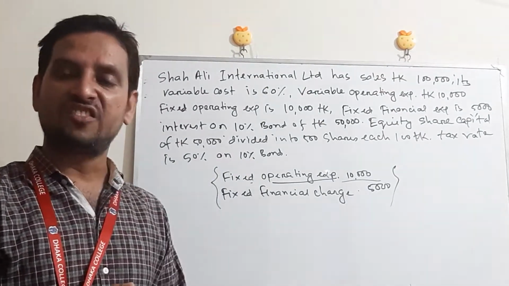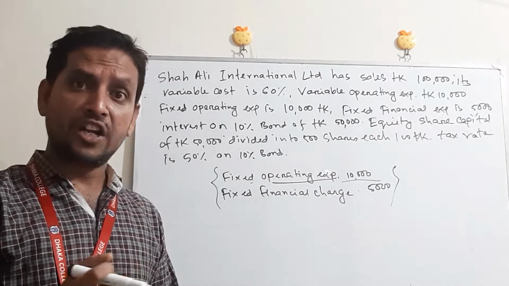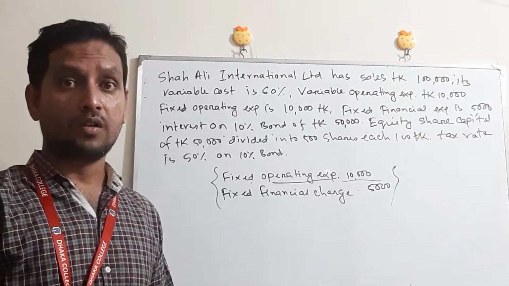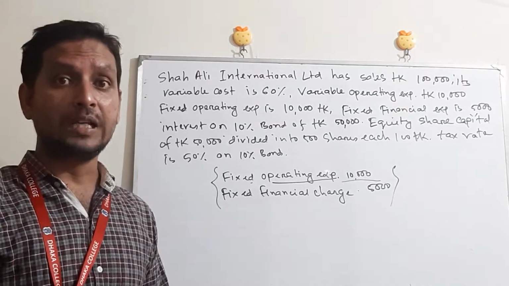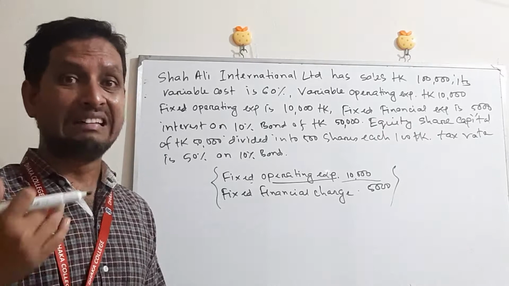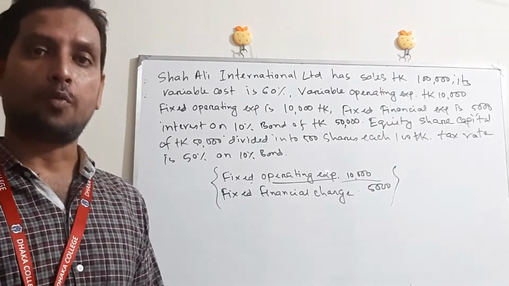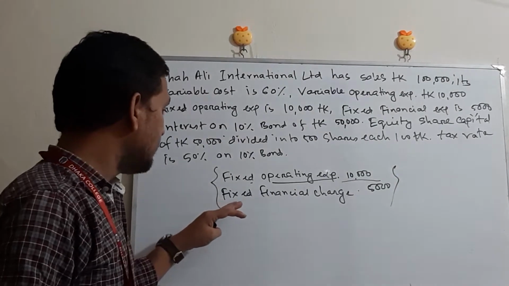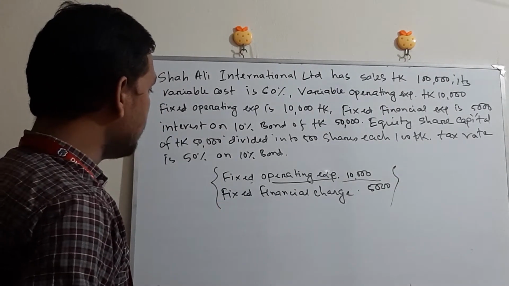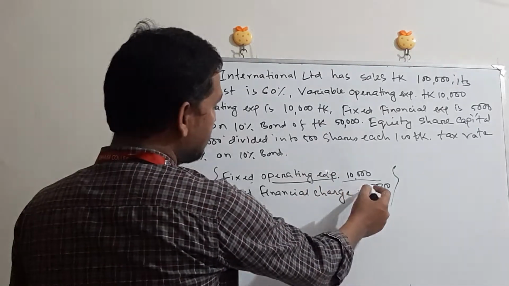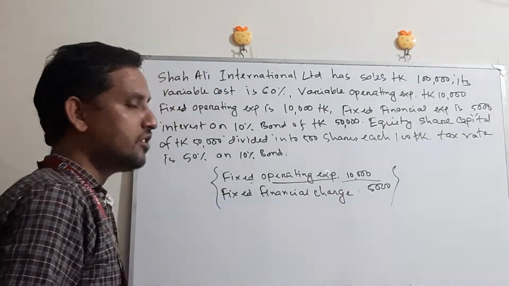When leverage is favorable and sales become double, then the EPS will increase at a more proportion. Here we already saw fixed operating expense 10,000 taka and fixed financial charges 5,000 taka.